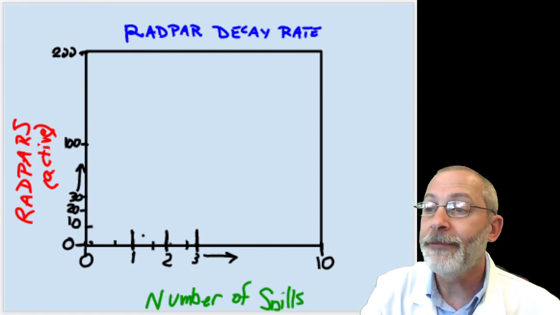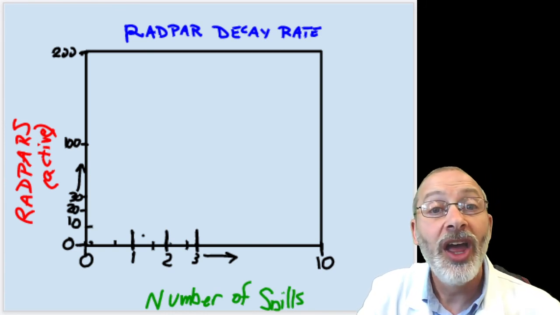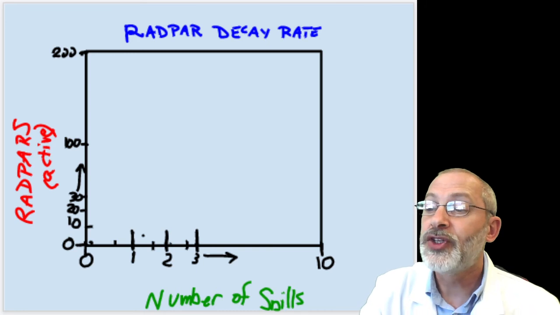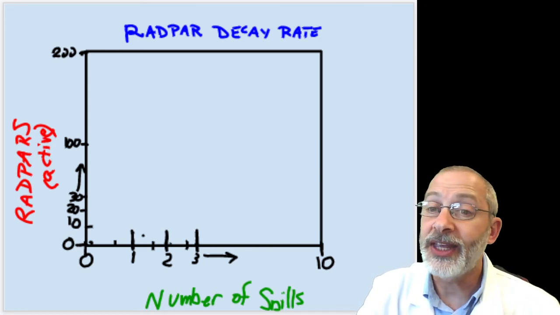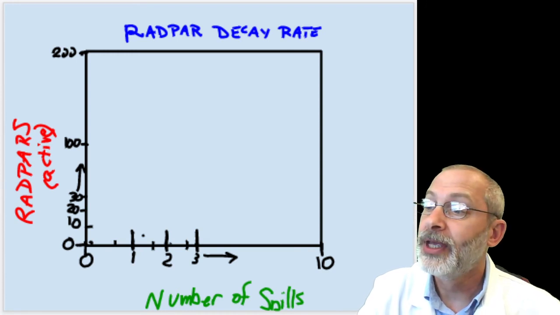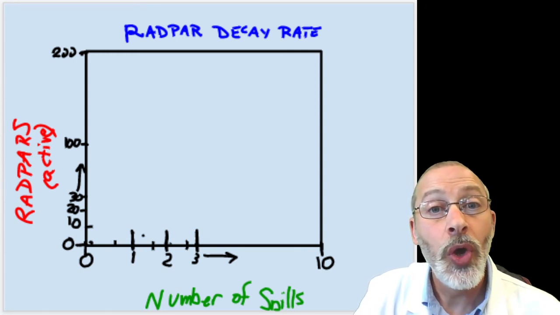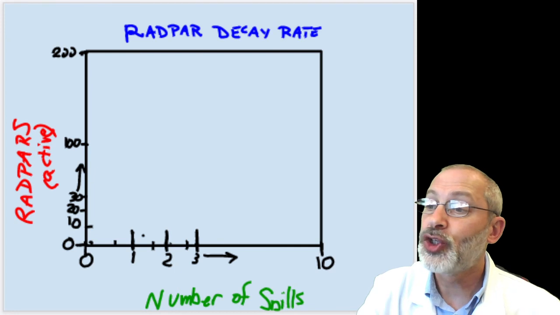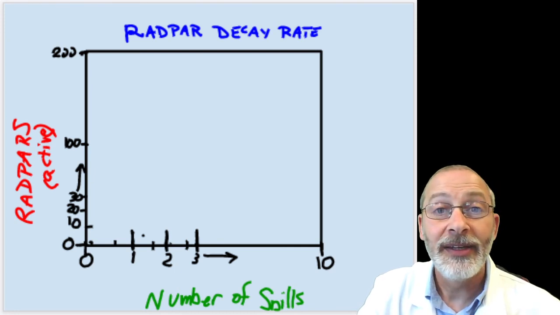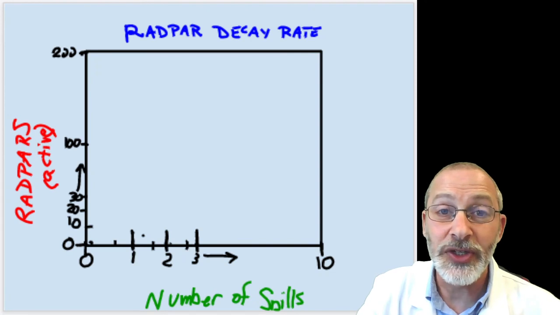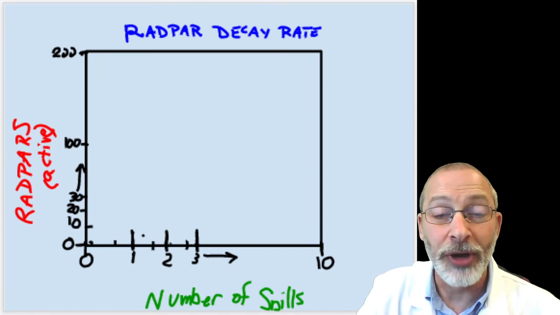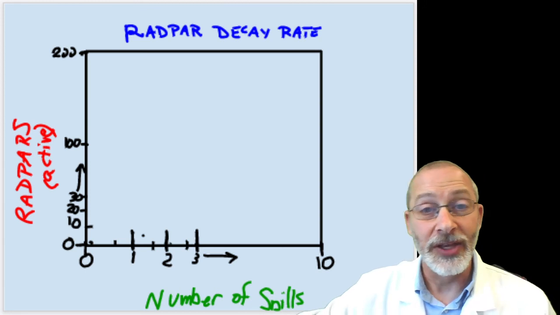Spill 3, 26. Spill 4, 13. Spill 5, 6. Spill 6, 3. Spill 7, 1. Spill 8, 0. And spills 9 and 10 don't exist. We didn't need them. So you can write down 0 as well.